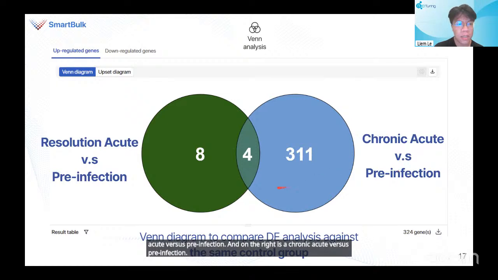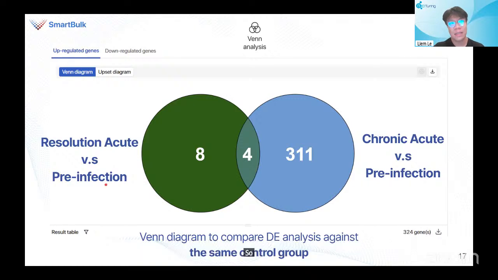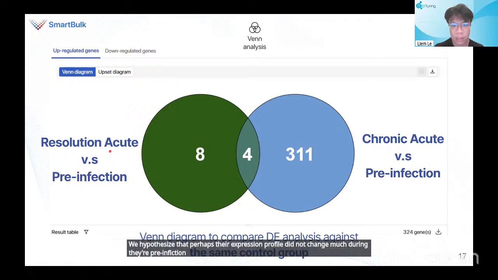There's one thing to mention, which is that we have very few significant genes when comparing the acute phase of resolution patients, or those who had clearance of virus, versus their normal state. Unless this is a mistake on our end during the pre-processing step, we hypothesize that perhaps their expression profile did not change much between pre-infection and their acute phase, which can be further investigated.